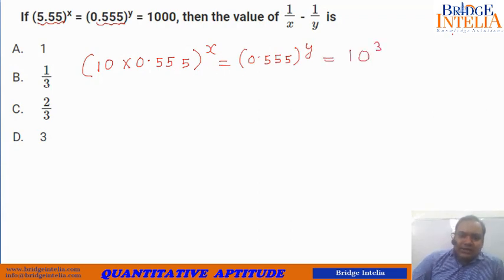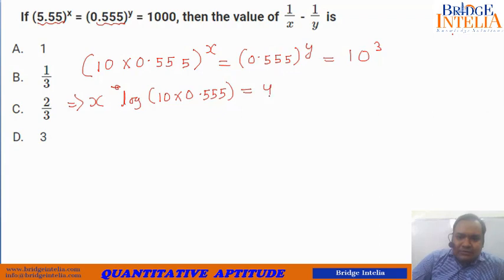So if you take the log, you will get x into log of this number is equal to y into log of this number is equal to 3, because log 10 will be equal to 1. All these bases are 10.